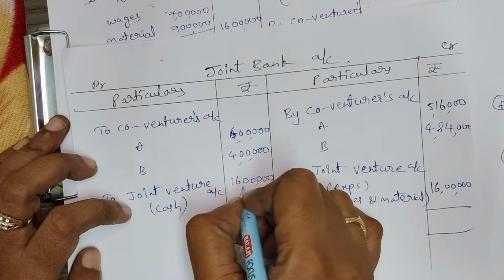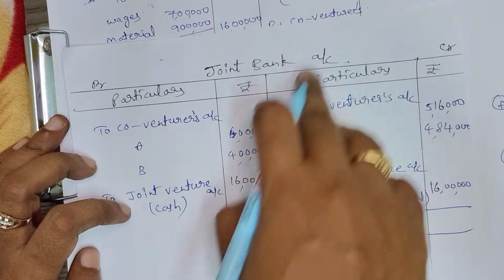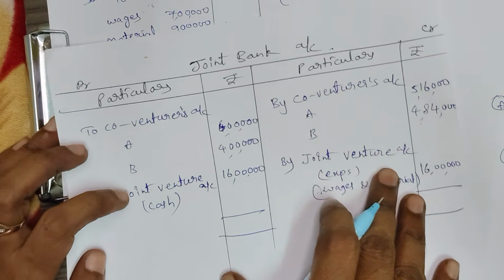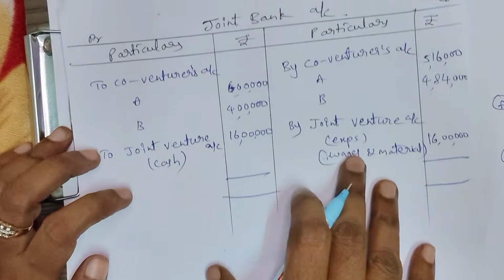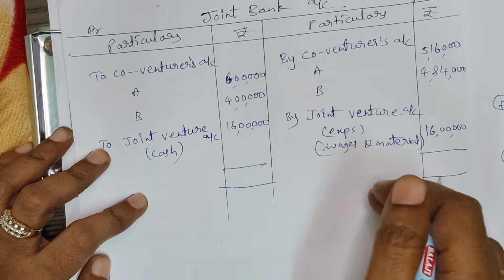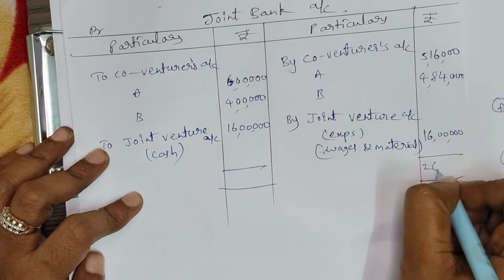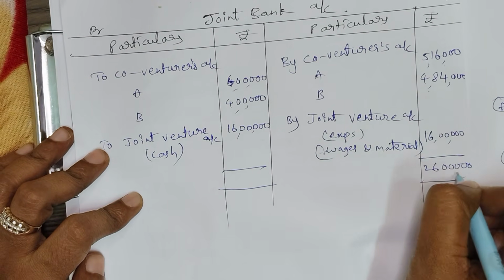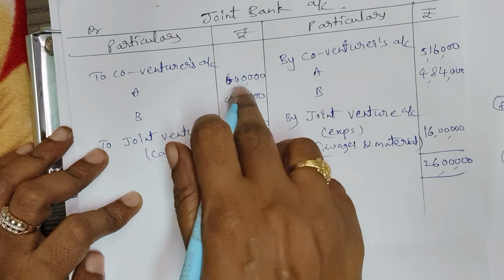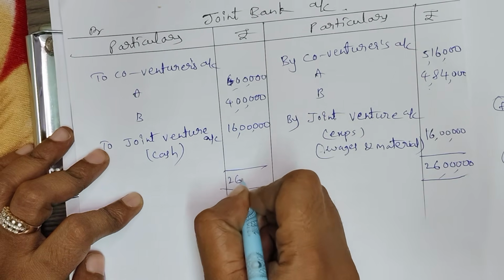So here the joint venture account is 16 lakhs. After writing these 2 values, just take the total. The total should be 26 lakhs: 16 plus 4 plus 6, 26 lakhs.